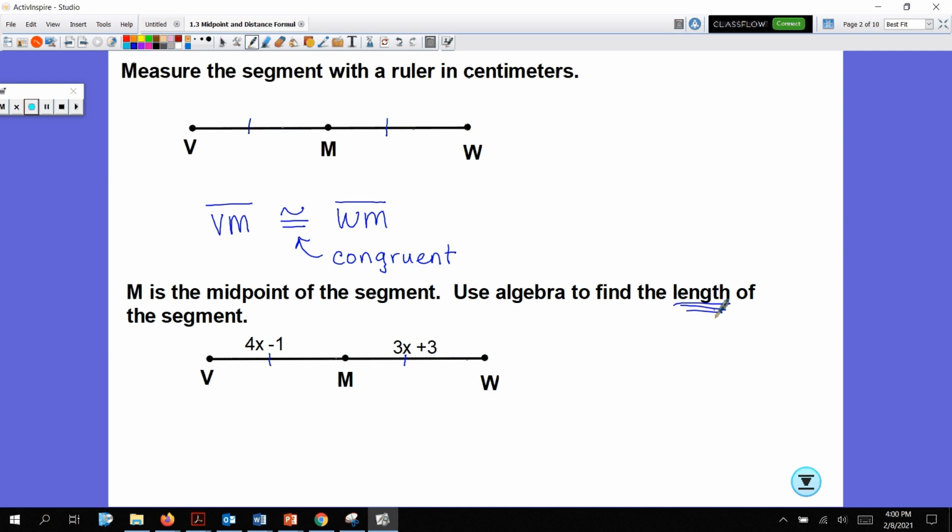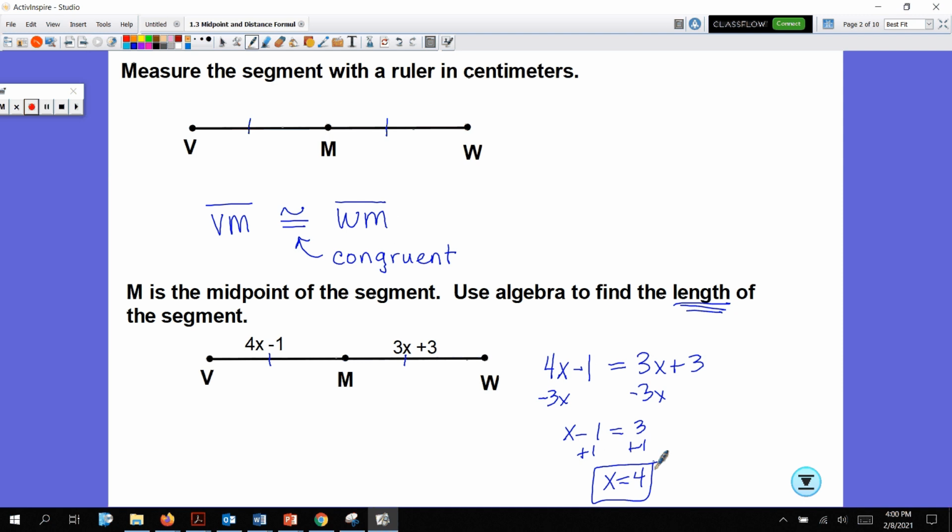So if I know that these two segments are congruent, my equation is going to look like this: 4x minus 1 is equal to 3x plus 3. Subtract 3x, and get x minus 1 is equal to 3. Add 1, and we get x is equal to 4. Okay? That's half the answer.